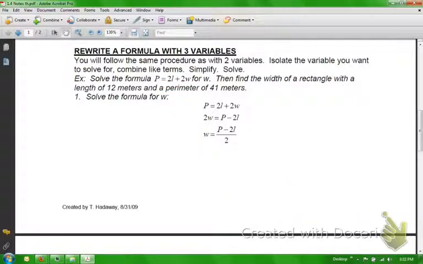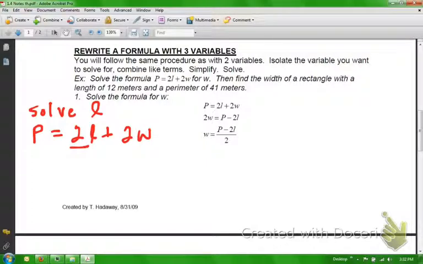Now, what if we wanted to solve it for length? It doesn't specifically say that, but let's go ahead and solve for L, just for practice. Same thing. You want to isolate your variable. So in this case, we want to get the 2L by itself. So we're going to undo what we're adding to it.